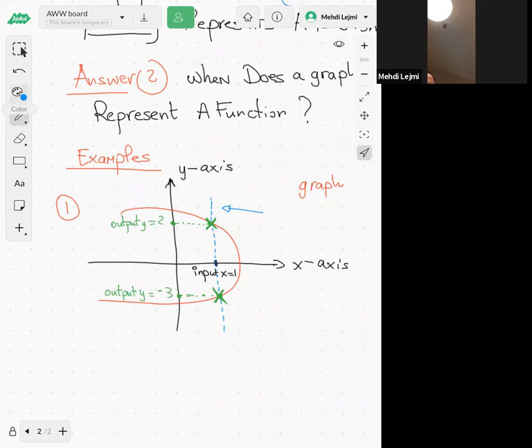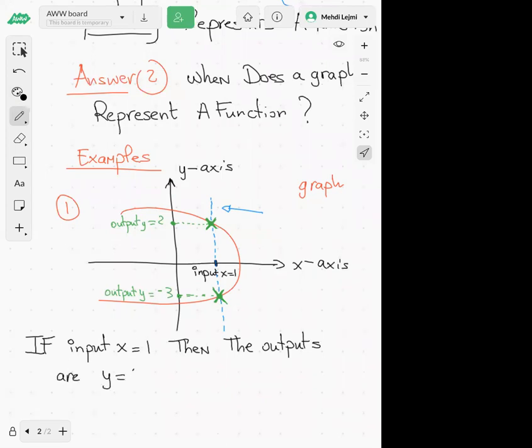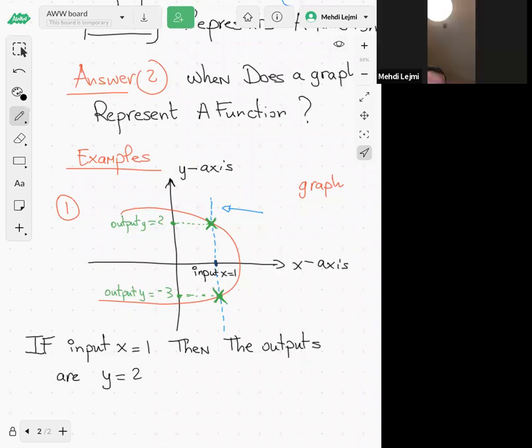So what we are saying here is that if the input x is 1, then we have 2 possible outputs. So then it's not a function, absolutely. The outputs are y equals 2 and y equals -3.